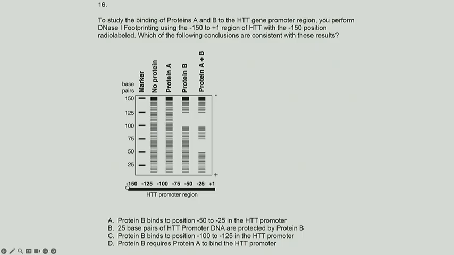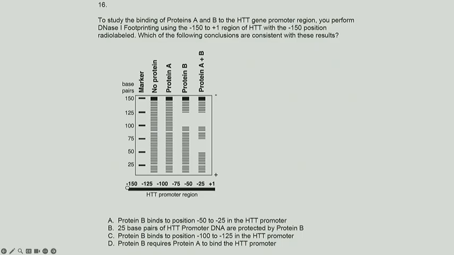You look at the gel, you count 100 base pairs away from where your label is, and that's where you start. Yeah. So do we flip the gel to the left or right? Because we're trying to flip it to the left so the marker matches up with the 150, or no?